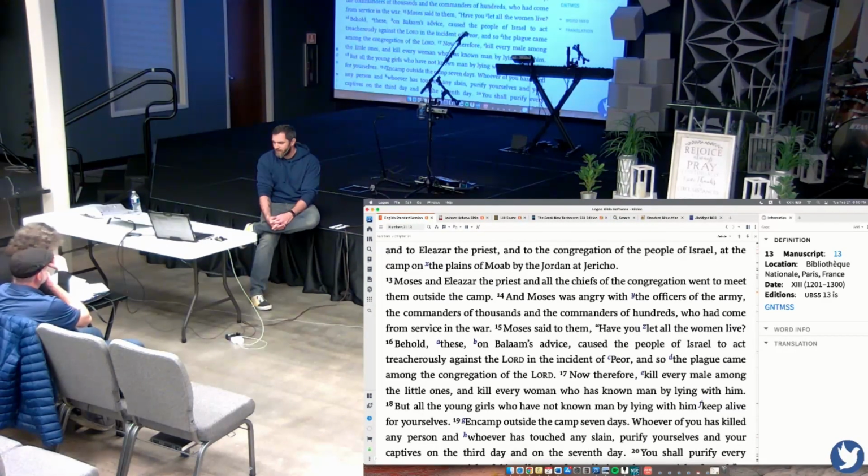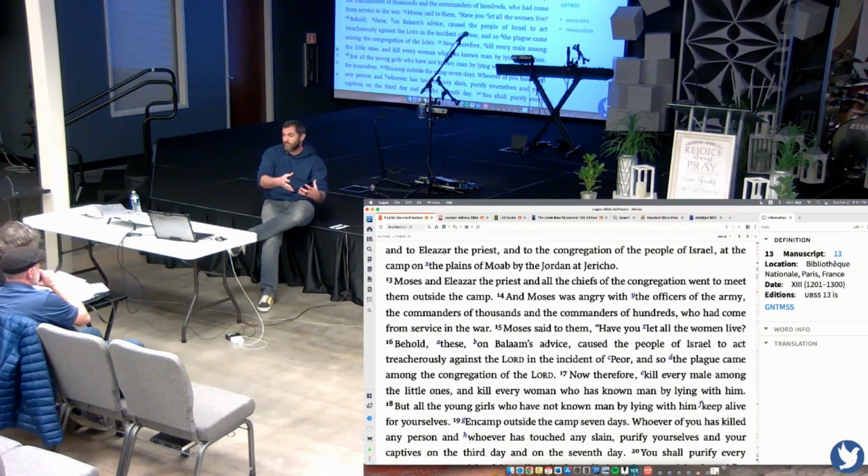Why, in verse 19, purify yourselves and your captives on the third and on the seventh day? The captives here are the young girls of the Midianites, the ones who weren't killed. We've talked about before how the law is not just applicable to Israel, but is for Gentiles as well.